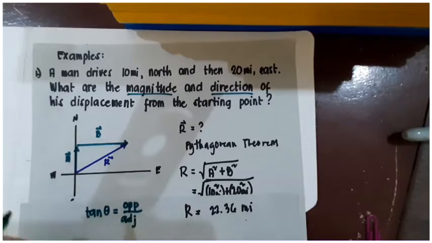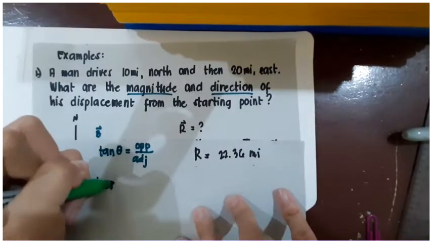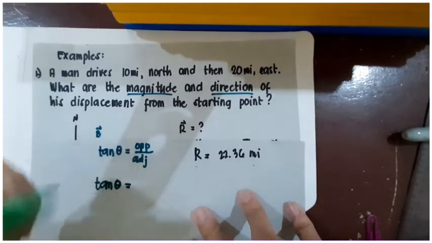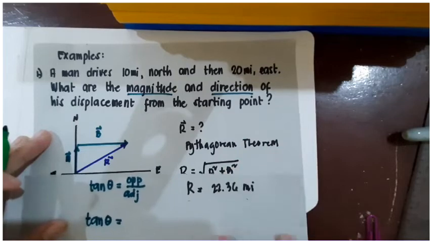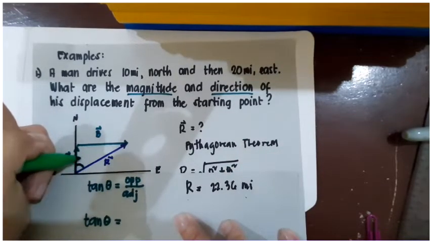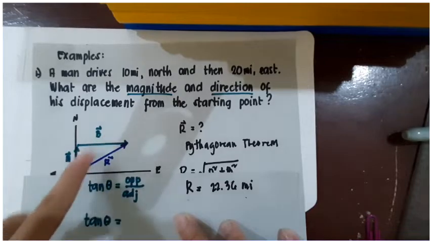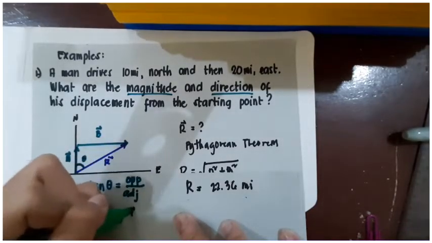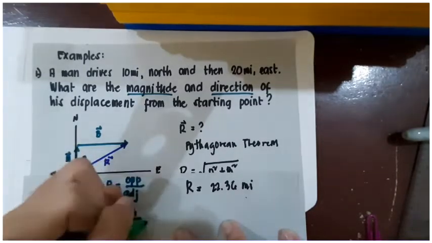Then you can write tan theta. Let's say this theta is what we are trying to look for. The opposite of this is your B over your adjacent, that's A.